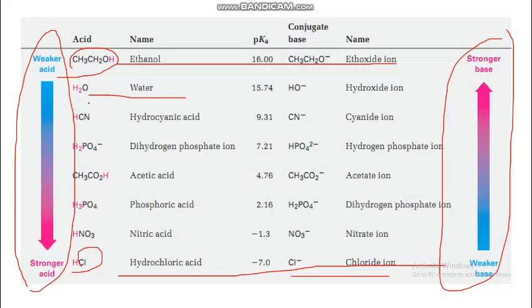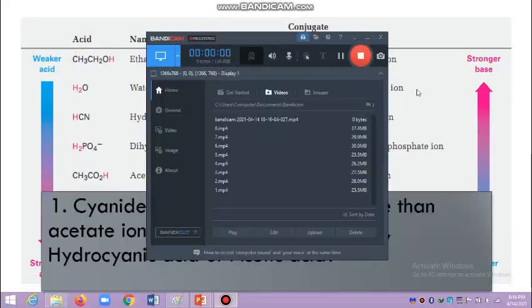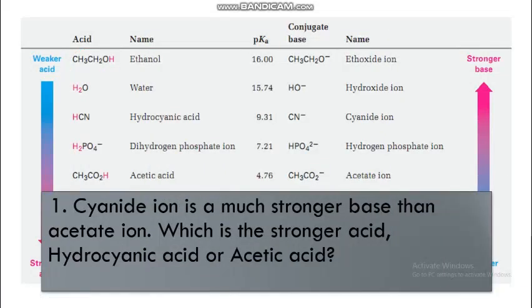So, siya yung naglo-lose ng hydrogen na medyo mahirap. Meaning, yung conjugate base niya, yung hydroxide ion, it holds the proton tightly and thus is a stronger conjugate base. Okay.